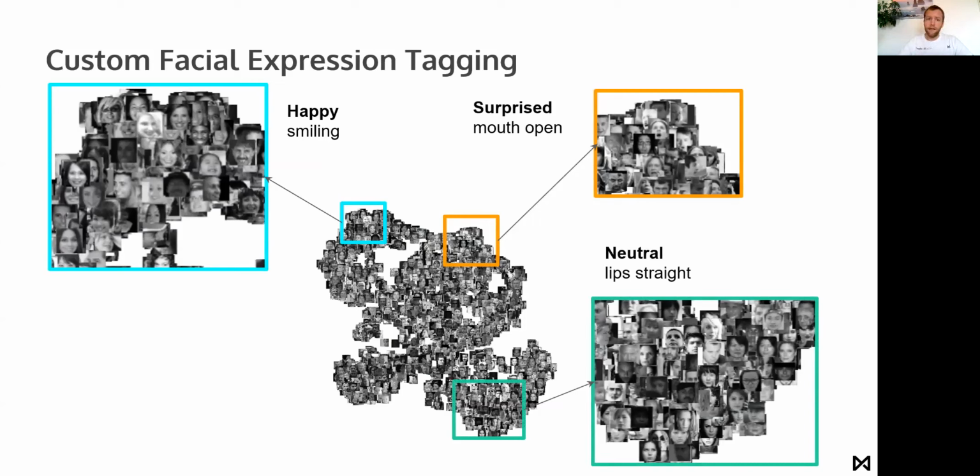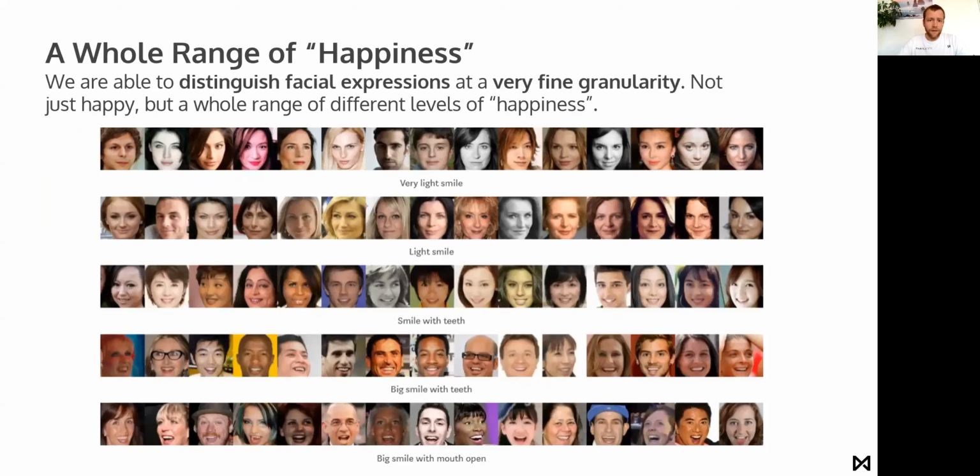And what is very interesting now is we can zoom in, for example, on the happy cluster. And we see that the system is able to not just say, here's somebody looking happy or smiling, but we have a whole range of happiness. And so this is basically evidenced in this slide where you can see that in the top row, we have a very light smile. So all the images that I show here, they basically have very, very small distances to each other, meaning that the system will say, well, they're the same facial expression.